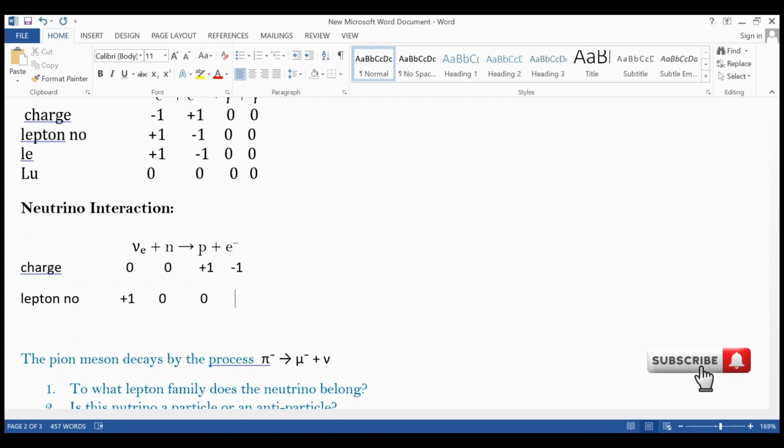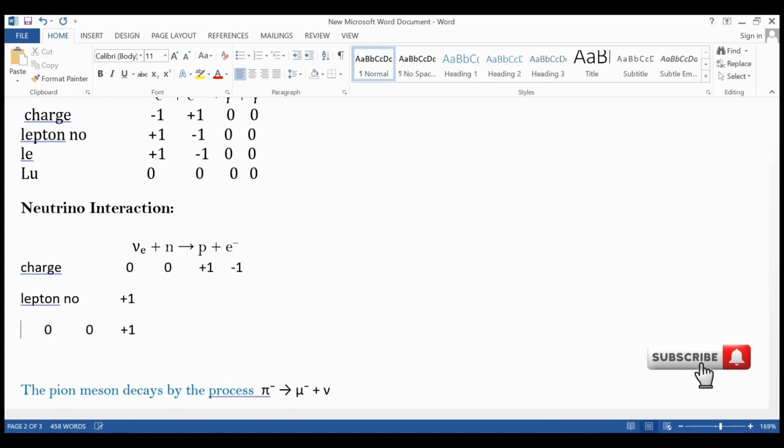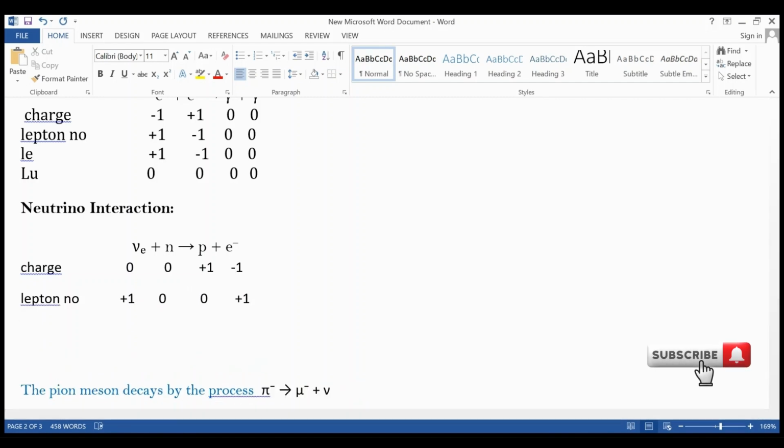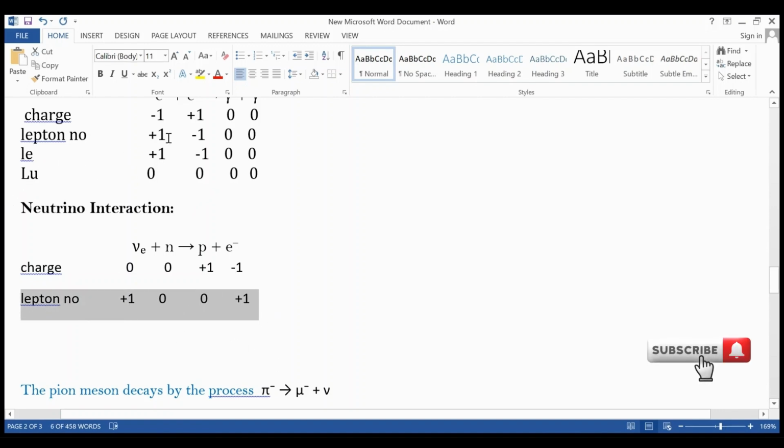Electron belongs to the lepton family, and it will be +1. So lepton number is also conserved. Similarly, we can check the electron lepton number, muon lepton number, and tau lepton number. They will also be conserved. Once your lepton number is conserved, all these three will be conserved. And once it is violated, all others will be violated.